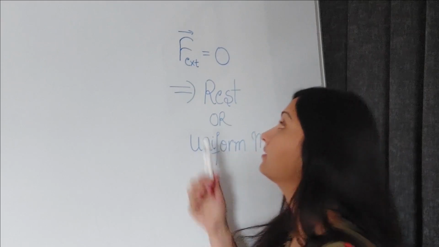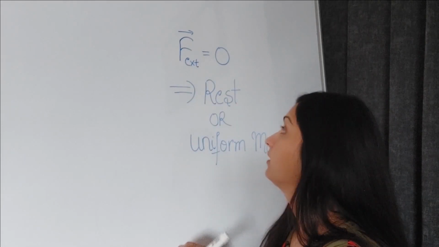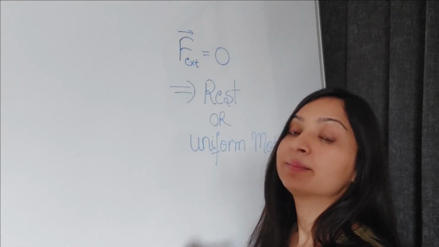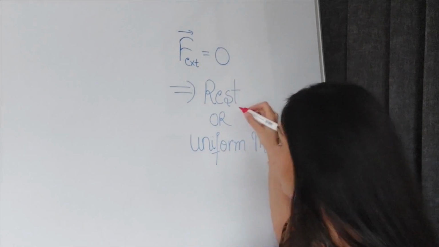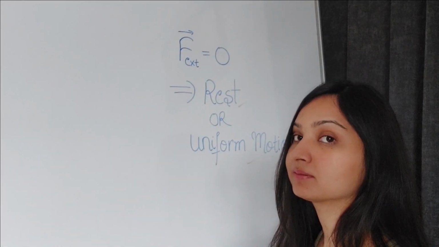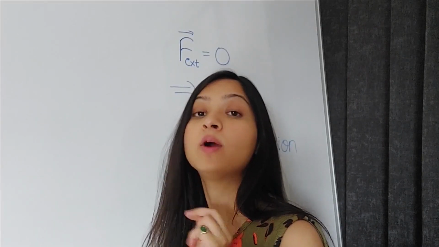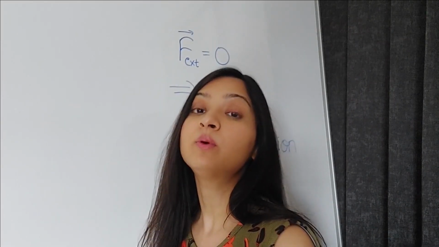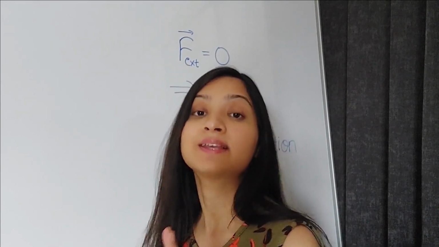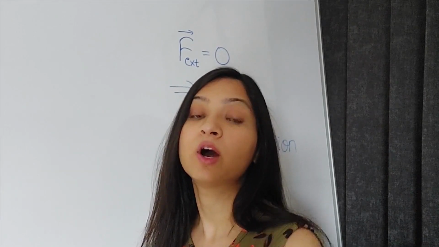And if the net external force acting on the body is zero, then from Newton's first law of motion, I can say that the particle is either at rest or in uniform motion. So if there are two forces acting on a particle, equilibrium of that particle requires that the two forces, say F1 and F2, must be equal and opposite.